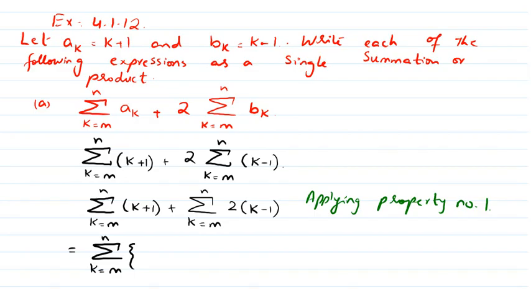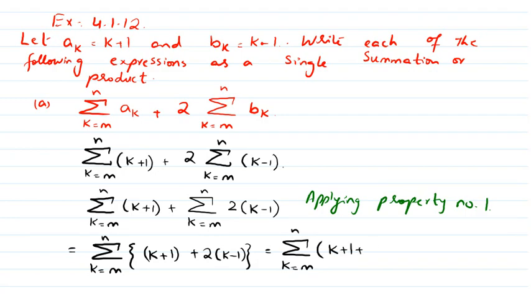What I can have inside is K plus 1 plus 2 K minus 1. So this is in fact summation from M to N K plus 1 plus 2K minus 2, right?